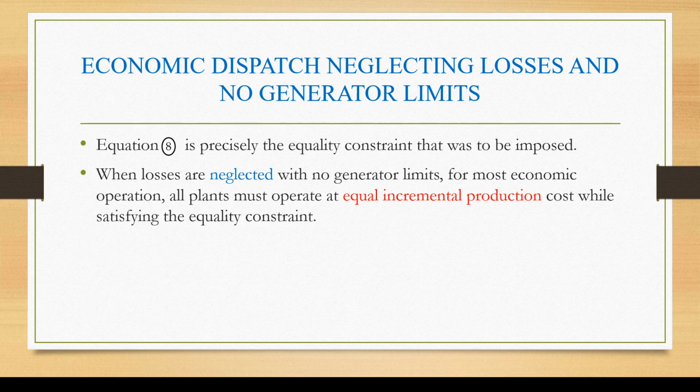So when losses are neglected, with no generator limits, for economic operation all plants must operate at equal incremental production cost while satisfying the equality constraint. We are not considering losses and we are not considering the generator limits here, so for the most economic operation, all plants must operate at equal incremental production cost.